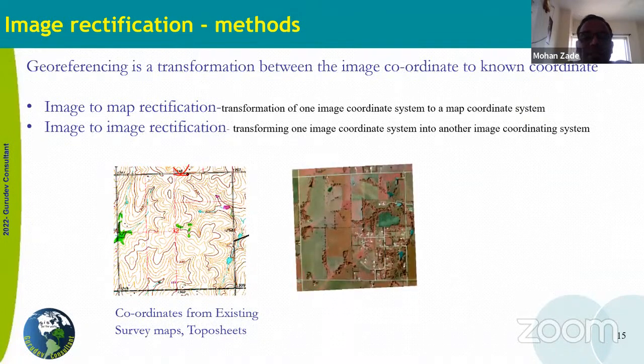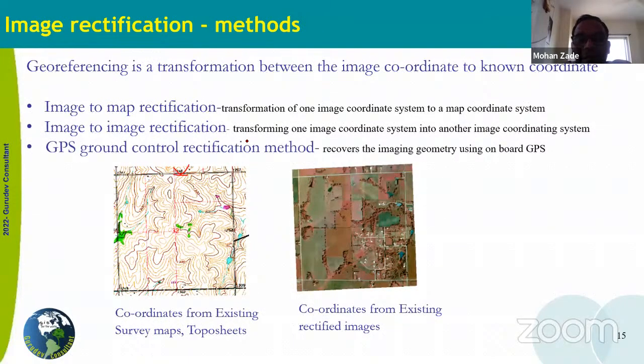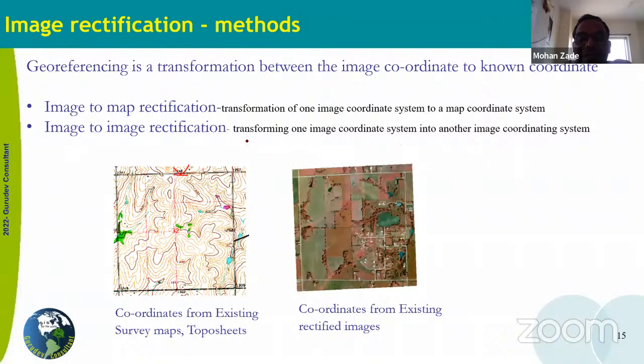Then image to image rectification. In image to image rectification, we transform one raw image with the help of another master image or reference image.